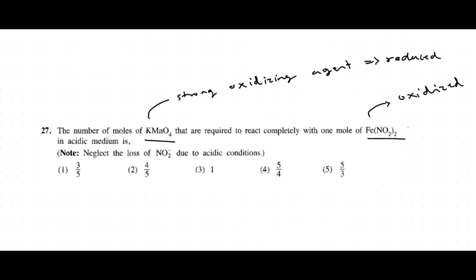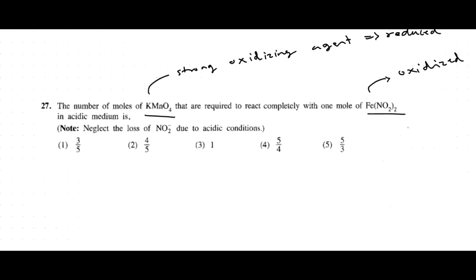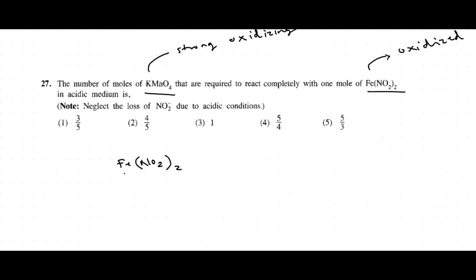completely. So if you consider the oxidation of ferrous nitrite, the oxidation state of ferrous is +2, and in nitrite, the oxidation state of nitrogen is +3.